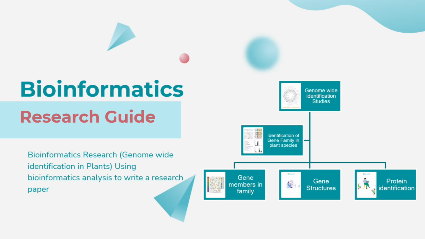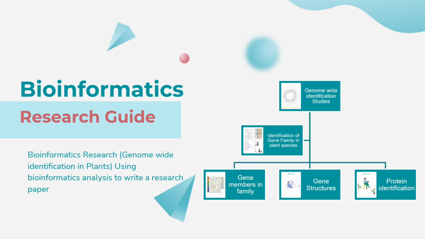For the research area, we are going to focus in this course on bioinformatics research, which is mainly on the genome-wide identification in plants, using different bioinformatics analyses to write a research paper. On the right side, you can see a taxonomy that I made about the genome-wide identification studies.